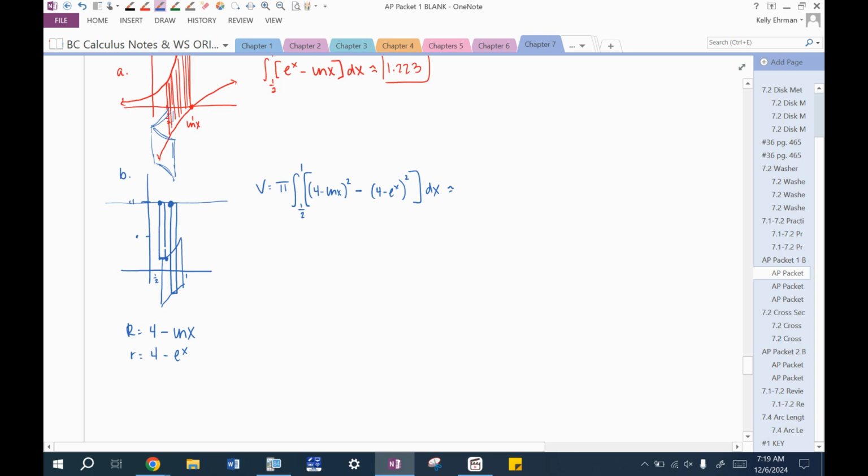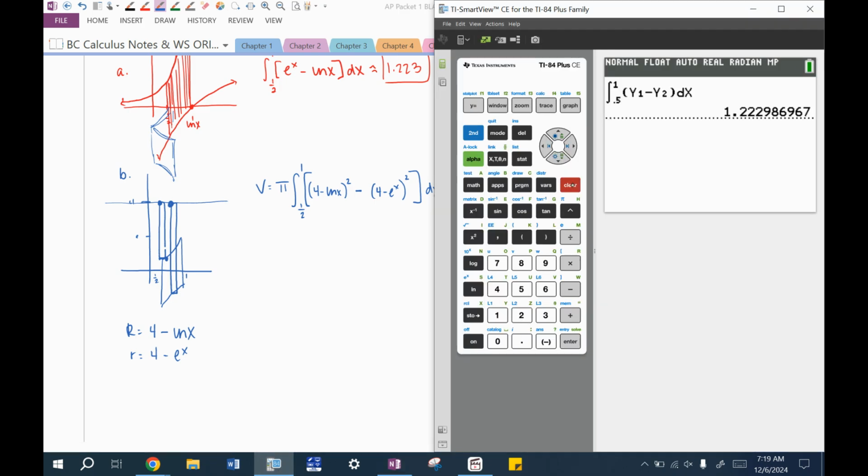And then we'll see what this comes out to. Half the time I forget to put this pi in if I'm just copying and pasting something, although I didn't have anything to copy paste. So just be careful of that. So pi times math 9, 1/2 to 1.